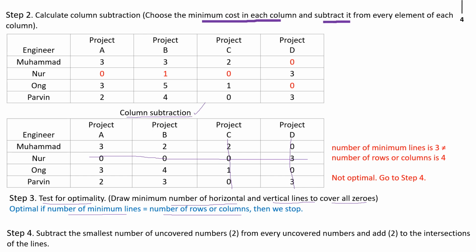Now the total number of lines that I have is 3, and the number of rows or columns is 4. I have 4 columns or rows here, 1, 2, 3, 4. So since these two values are not equal, meaning that my solution is not optimal, I need to proceed to the next step, which is step 4.